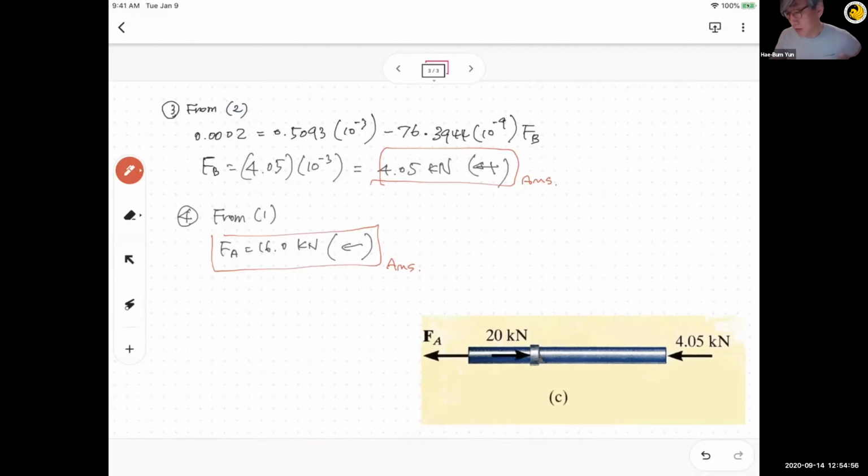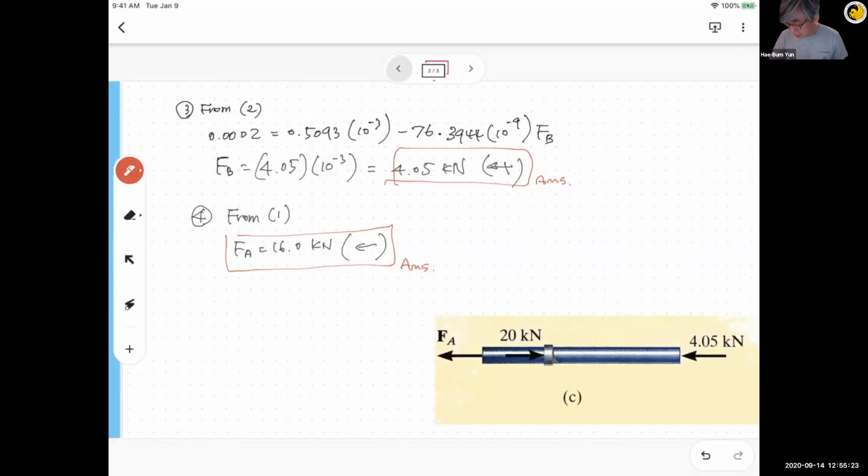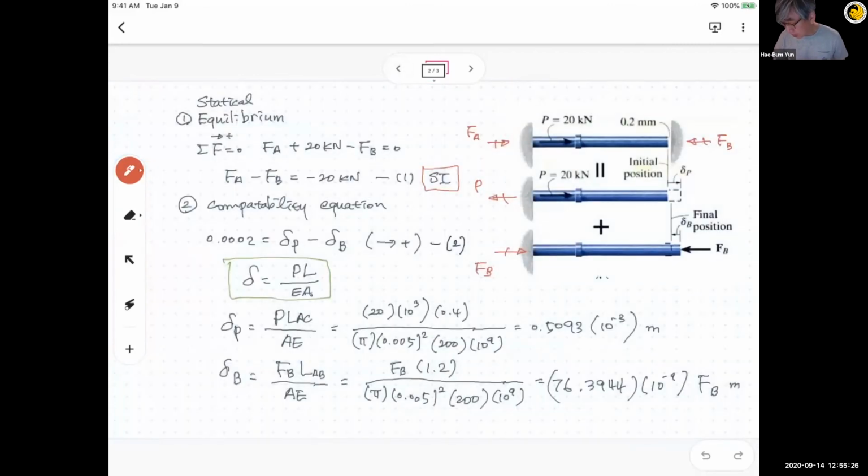Any other question about this? So this is an interesting problem, but also this is the important problem in chapter 4. I will review it in my exam 1 review session, but as you can see in the solutions, when I ask this statically indeterminate problem, in fact I ask everything.